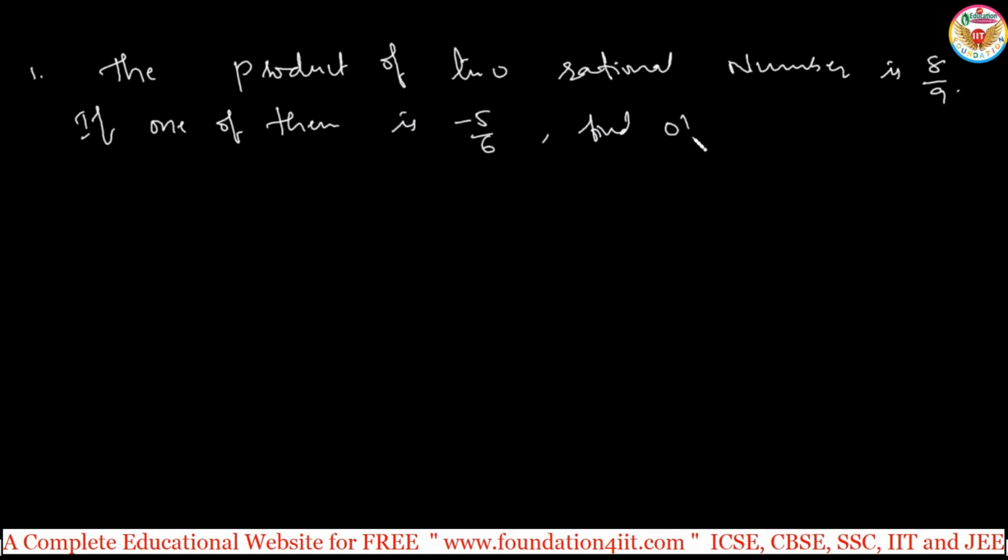Product means multiplication. The number we don't know, let it be x. One of the numbers is minus 5 by 6 and the product is 8 by 9.